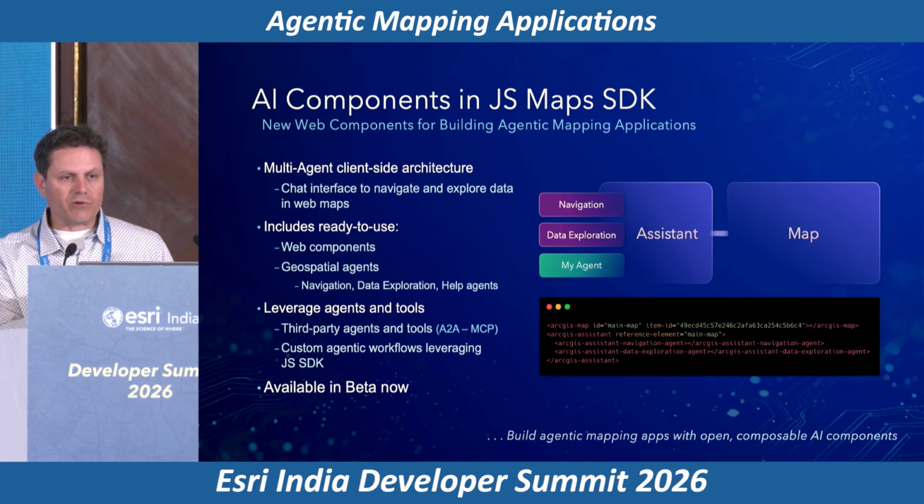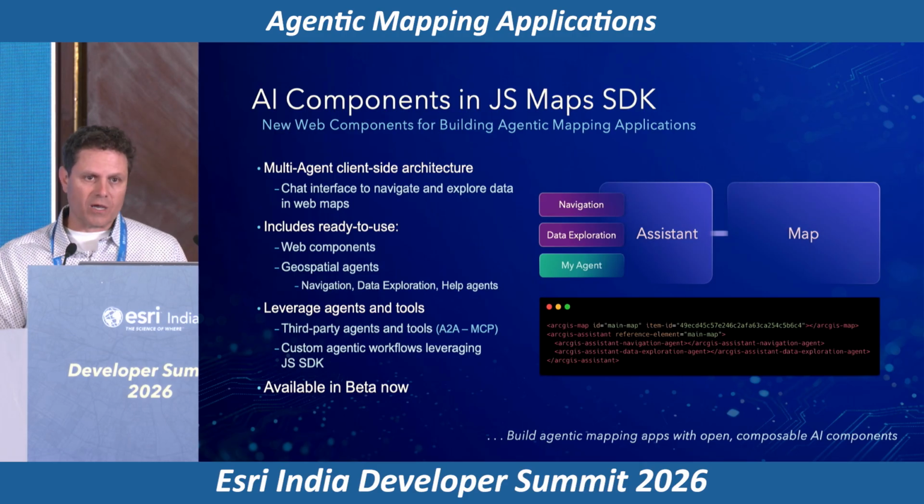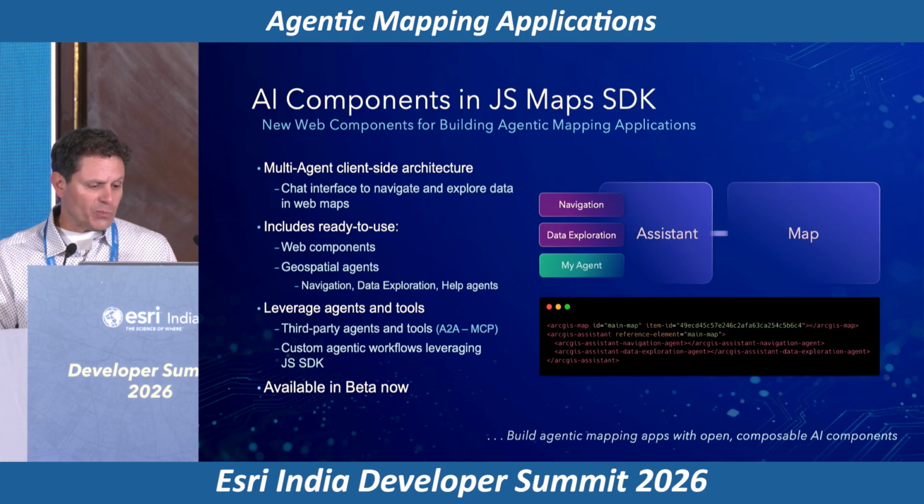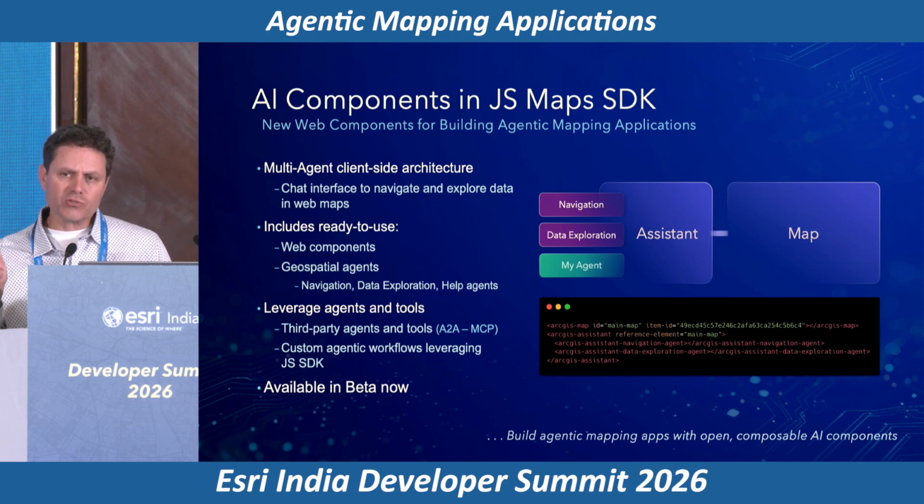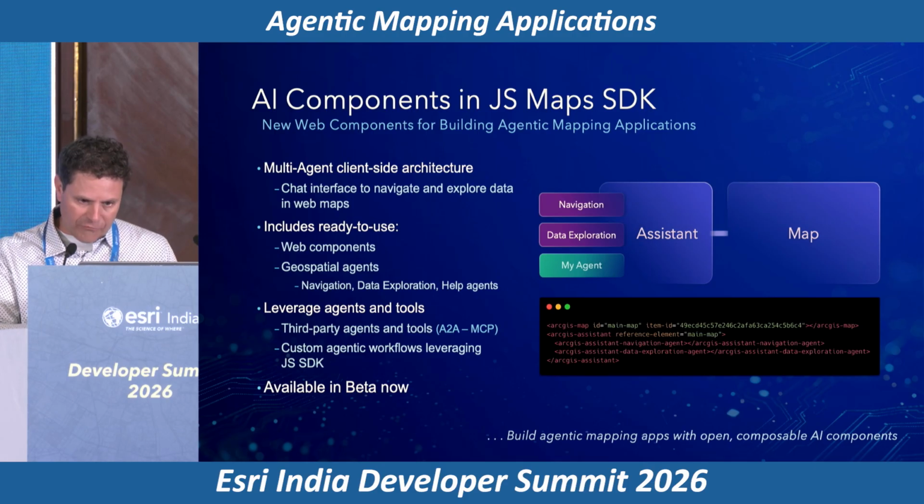And this orchestrator works with multiple agents. Some of the agents that come with the JavaScript SDK include navigation, data exploration, as well as various help agents and an assistant agent. But this orchestrator also works with a custom agent that you build upon an agentic framework that is now in the JavaScript Maps SDK.